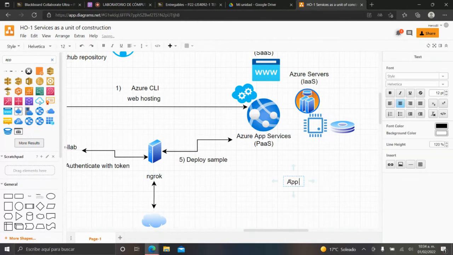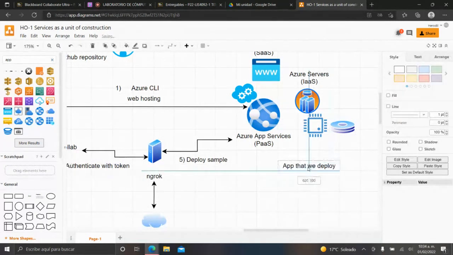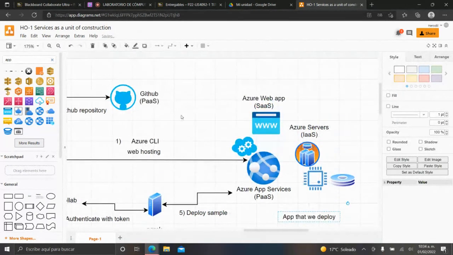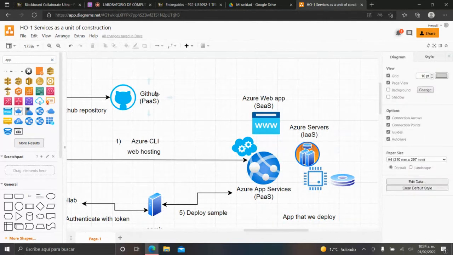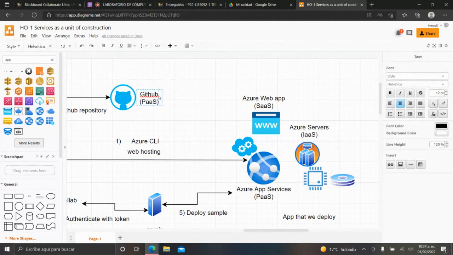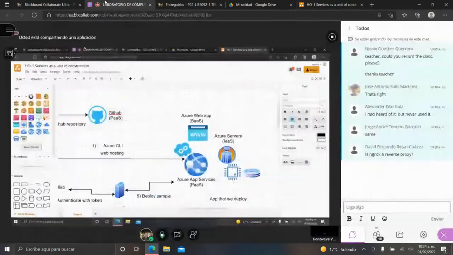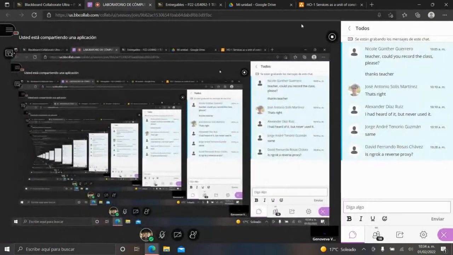Before we touch ngrok, what about GitHub? Well, GitHub is also part of Azure. GitHub is a service of the Azure solutions, and in fact, there we are using storage. This storage is independent of the one which is allocated by Azure.